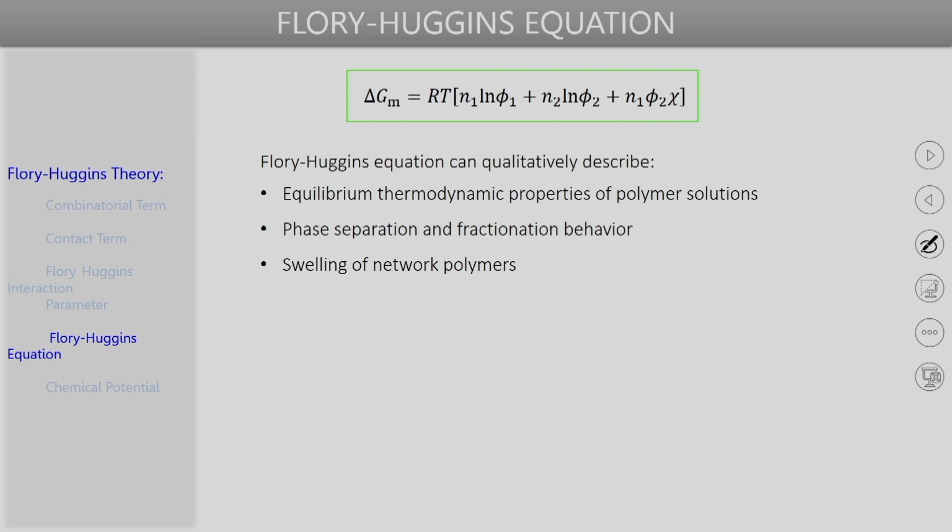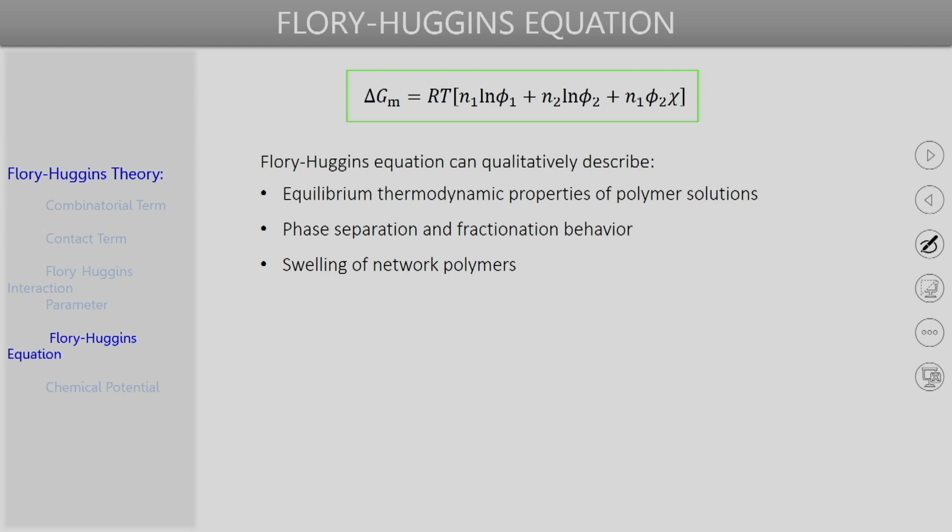The good thing about Flory-Huggins theory is that it is a relatively simple theory with a simple expression, but it can still qualitatively describe a lot of different kinds of behavior. For the equilibrium thermodynamic properties of polymer solutions, it can predict the qualitative trends well.